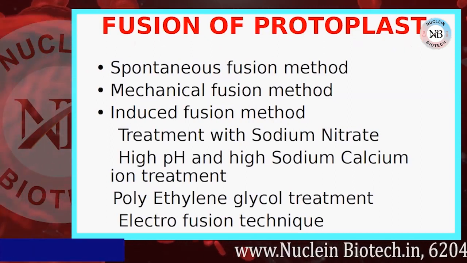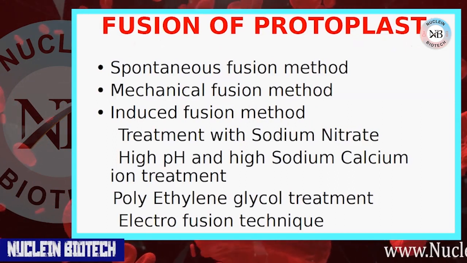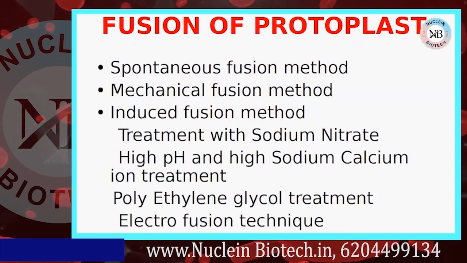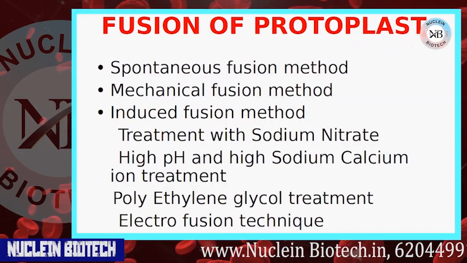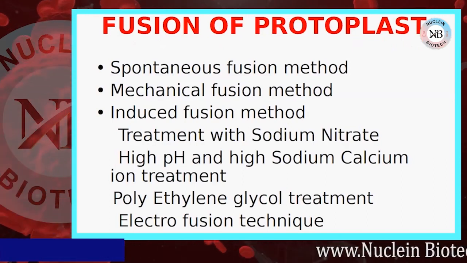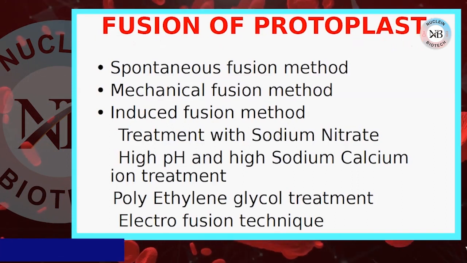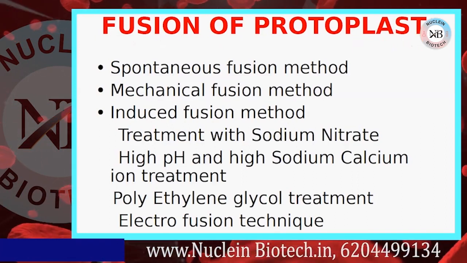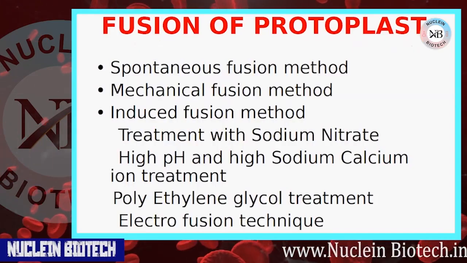In this, isolated protoplasts are devoid of cell wall, so in vitro fusion becomes easy as there is no barrier of incompatibility for the protoplast fusion. It can be achieved by 3 methods: spontaneous fusion method, mechanical fusion method, and induced fusion method. Let's discuss these methods one by one.